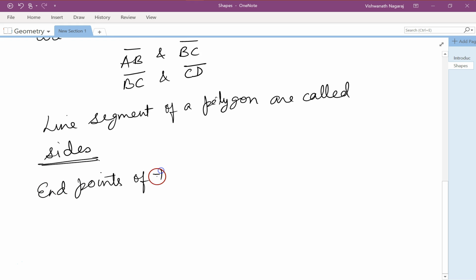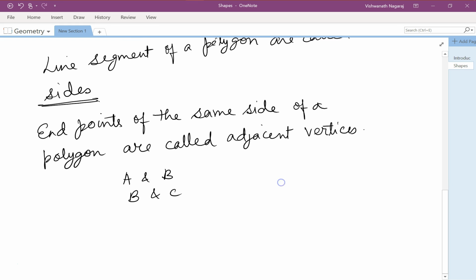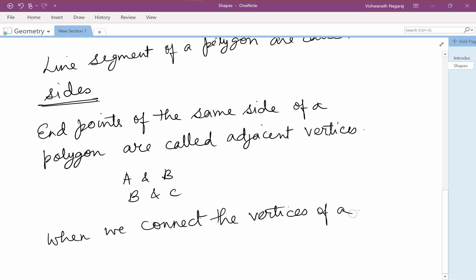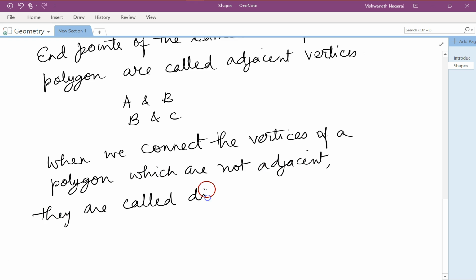Endpoints of the same side of a polygon are called adjacent vertices. So A and B are adjacent vertices. Similarly, B and C, and so on. When we connect the vertices of a polygon which are not adjacent, they are called diagonals.